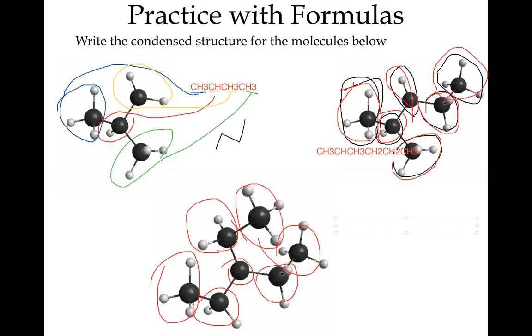So that would be CH3, CH2, CH, CH2, CH3, CH2, CH3. Okay, hopefully that makes sense. Explaining it in this way without writing it on the board, but that's how we would draw the condensed structures for these molecules.